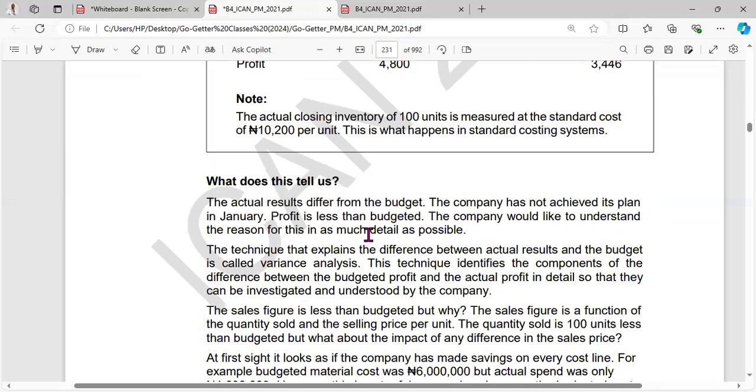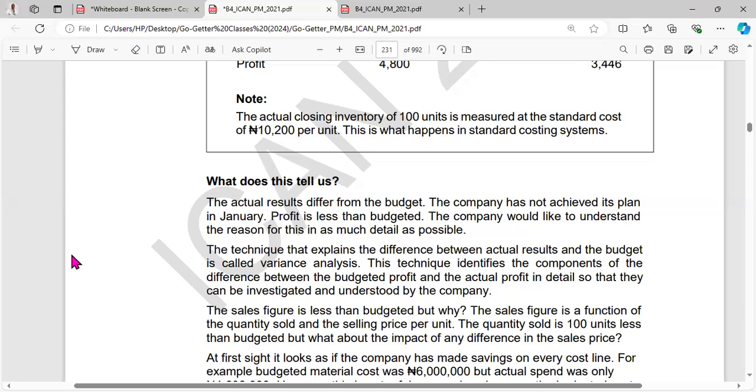The technique that explains the difference between actual results and the budgeted result is called variance analysis, which is the main thing we are doing here.